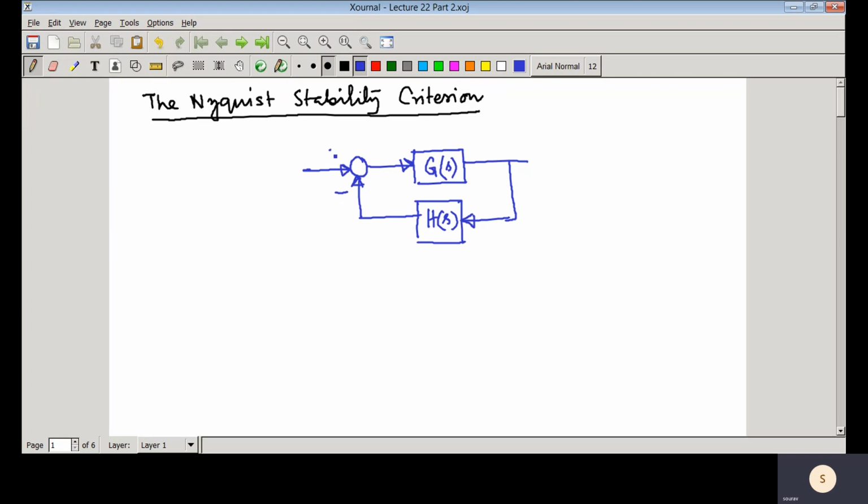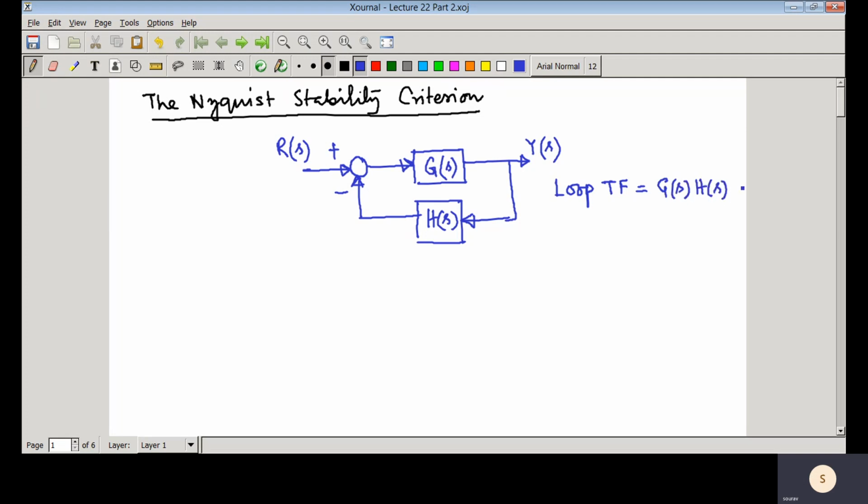Suppose this is negative feedback, the reference command is R(s), and the output is Y(s). So this is the closed loop transfer function, and here the loop transfer function is G(s)H(s).